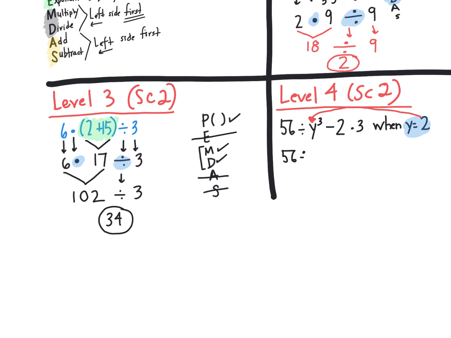I have my division sign, and instead of y, I'm going to put 2 in there. So 2 to the third power minus 2 times 3. Okay, so I'm just substituting that in. That's what, remember, we called substitution, when you put something else in its place. Okay, substitution.